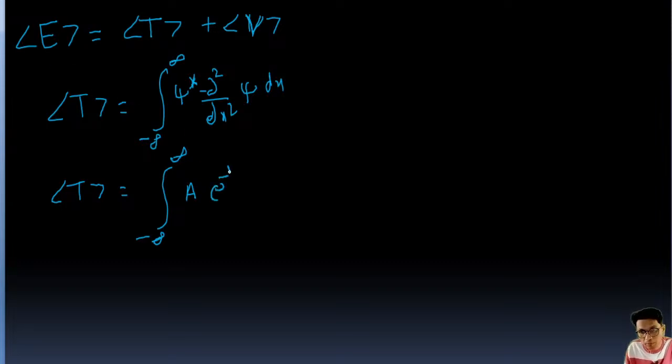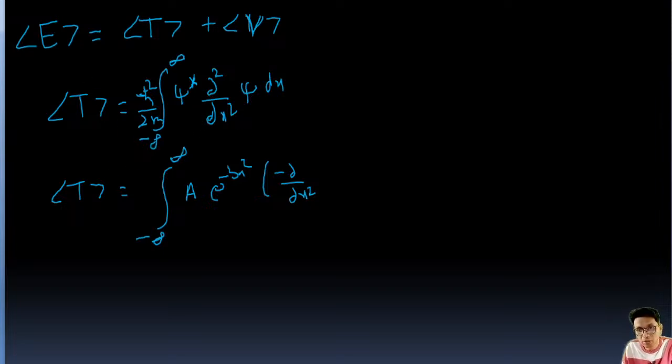A e to the power minus bx square into minus del upon del x square, h cut square upon 2m, okay, this one and this minus this one, right?